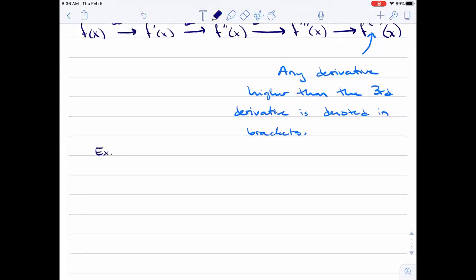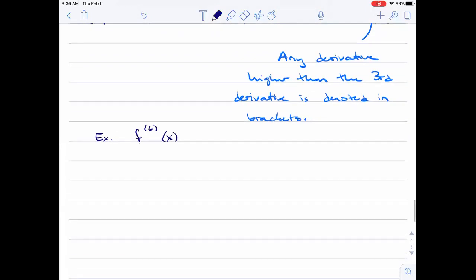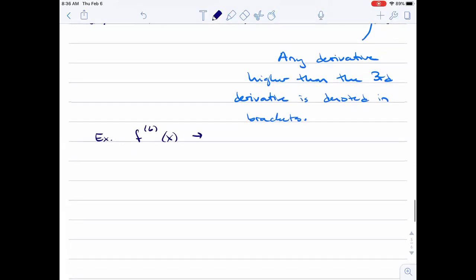So just as a quick example, if I tell you to find f of 6 of x, I wouldn't, but I could. It'd have to be a huge function to start with. This is the 6th derivative of f of x. You'd probably just use Maple for something like that. Derivative, derivative, derivative.